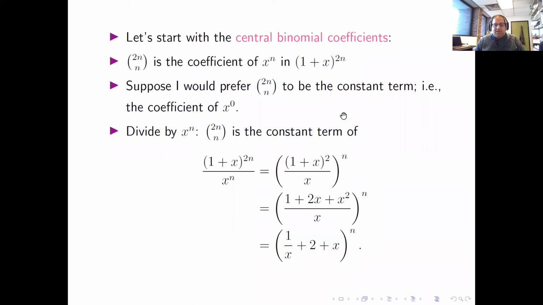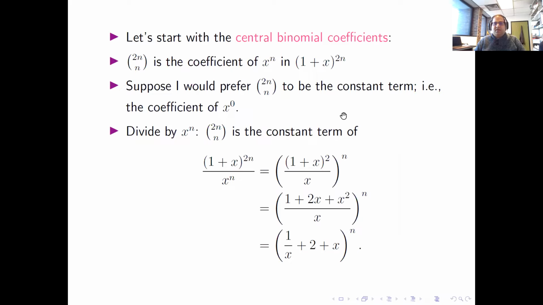Now to start, let's start with the central binomial coefficients, 2n choose n. So the normal definition of the central binomial coefficient is that it's the coefficient of x to the n in the expansion of the binomial (1 plus x) to the 2n. But for my purposes, I would rather this not be the coefficient of x to the n.